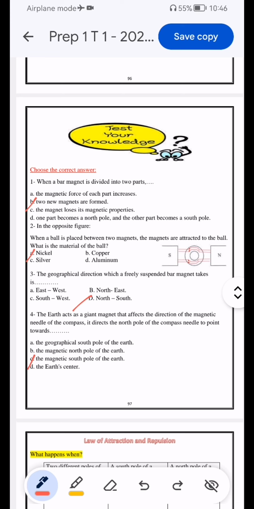We said the compass or suspended magnet will point to the geographical north pole, but the magnet inside the Earth will be what? Will be south. Okay? The compass north will be attracted to the south pole of the Earth, which is at the geographical north pole of the Earth.